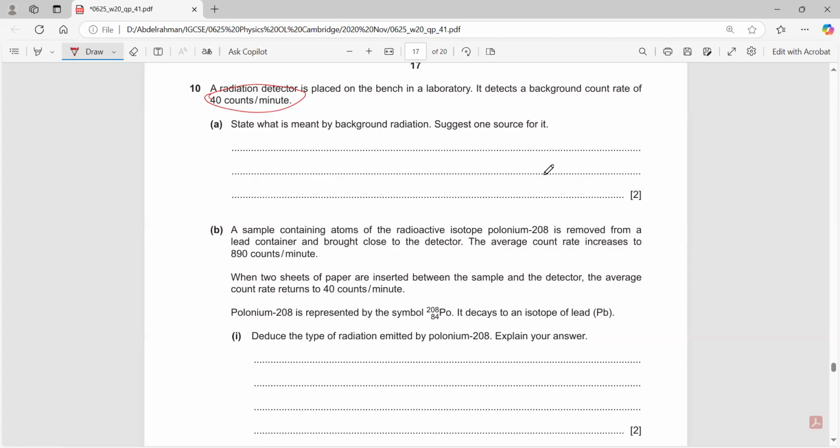Due to whatever surrounds you, anything in the environment. Even you produce some background radiation. So it's radiation due to the environment.